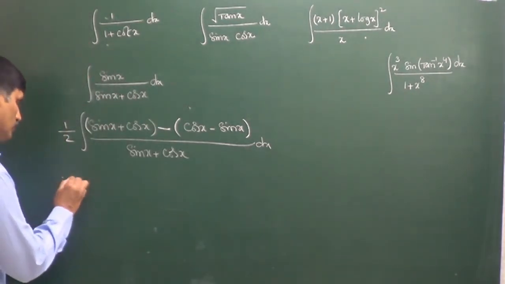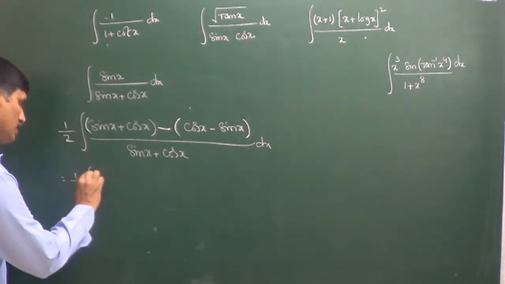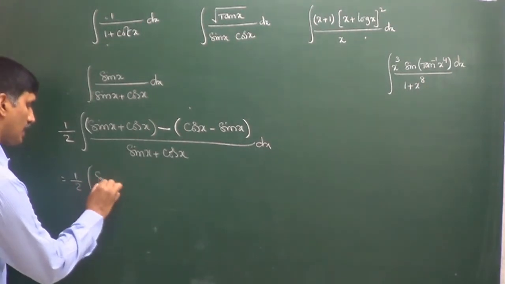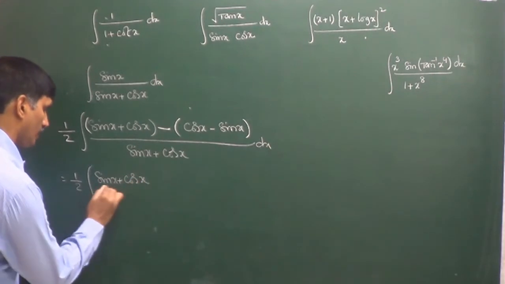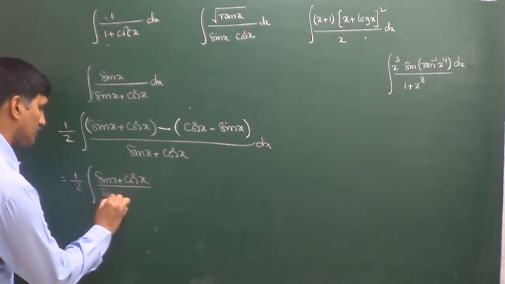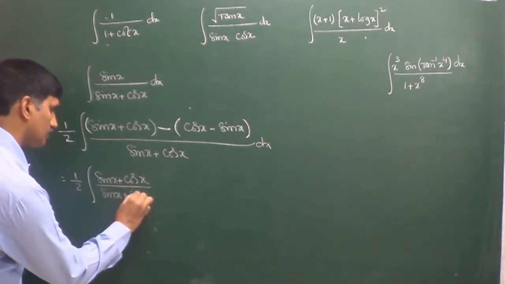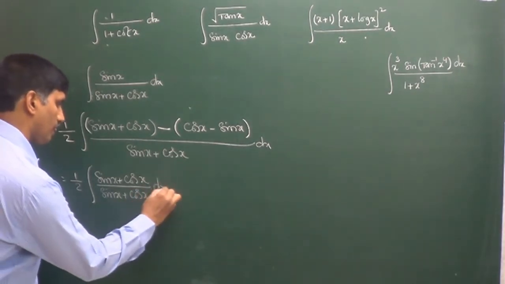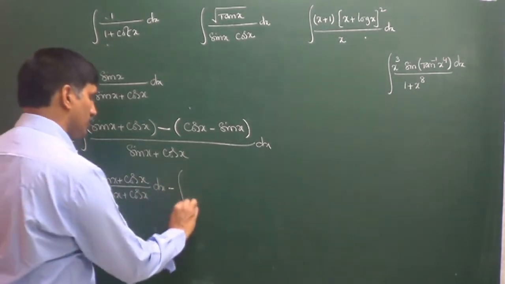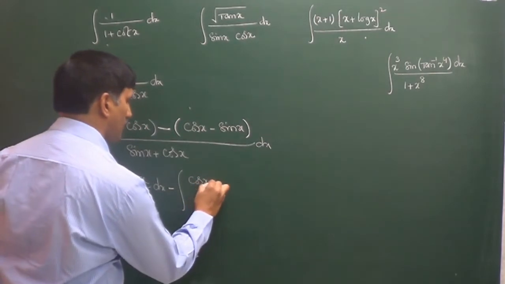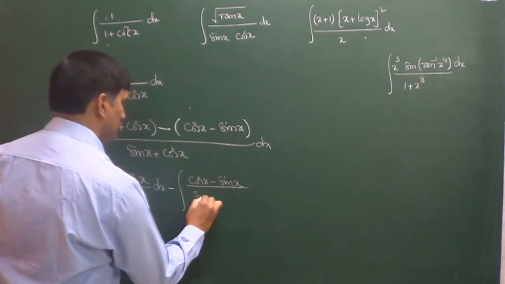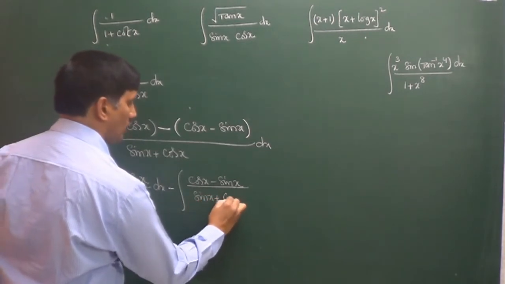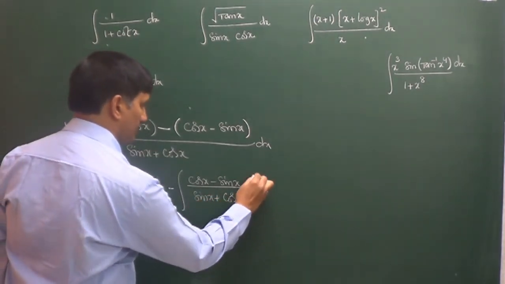So we can write this as 1 by 2 into integration of sin x plus cos x by sin x plus cos x, minus integration of cos x minus sin x divided by sin x plus cos x dx.